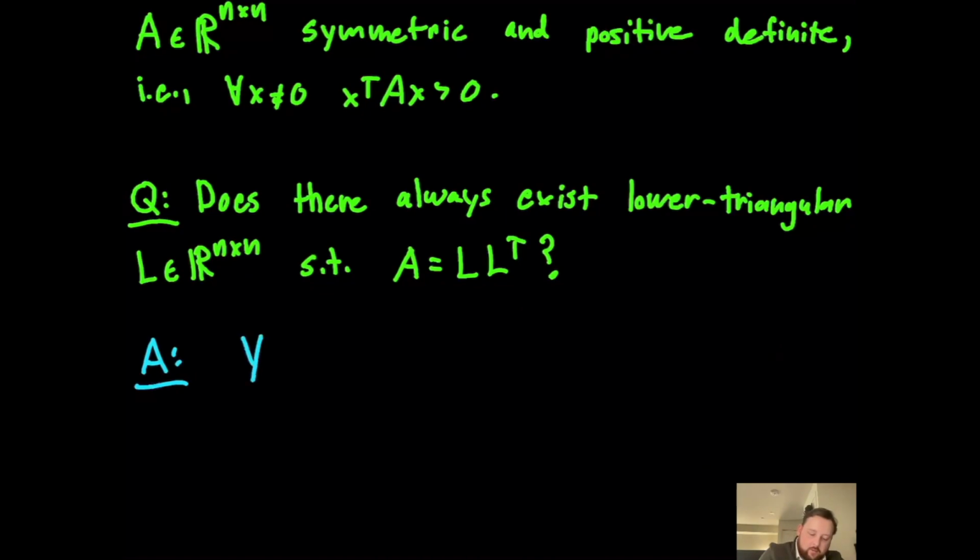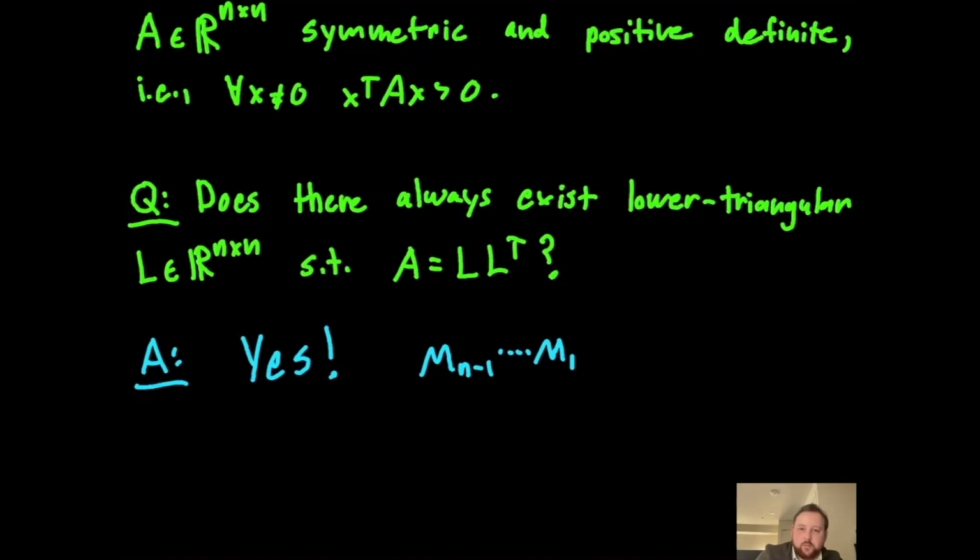But in this video, we're actually going to give you an inductive proof for why the Cholesky factorization always exists. And from the inductive proof, we're also going to get an algorithm for how you could compute it. The algorithm is going to be arrived at in a much different way than we did for Gaussian elimination. With Gaussian elimination, we came up with a sequence of elementary lower triangular matrices.